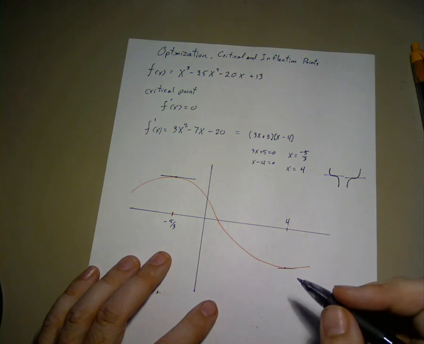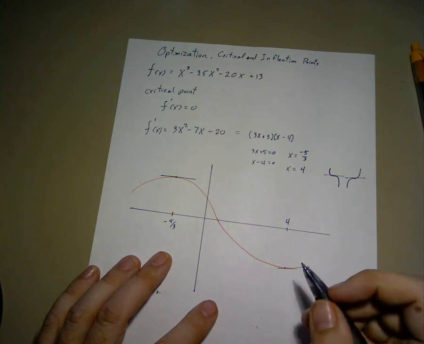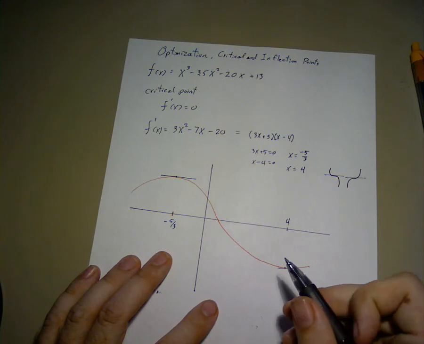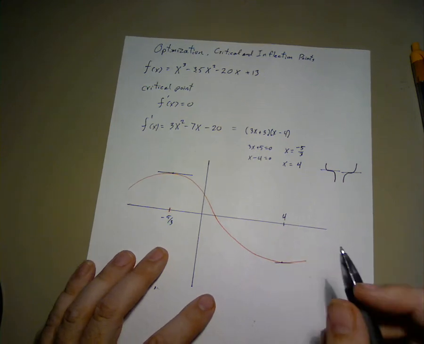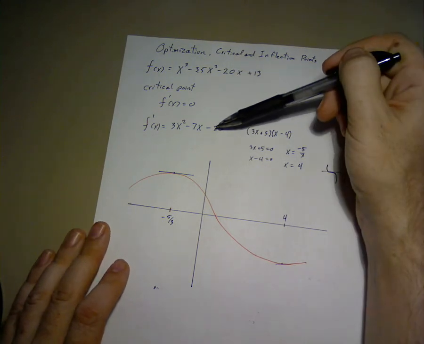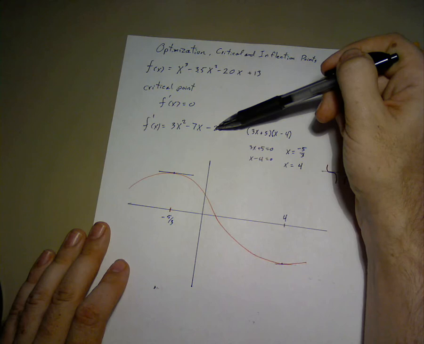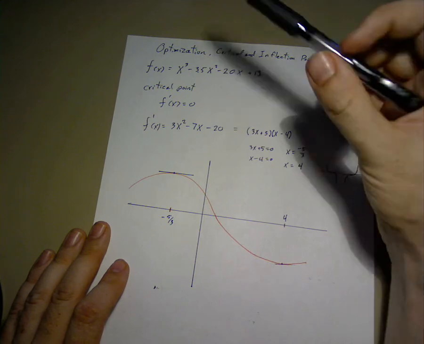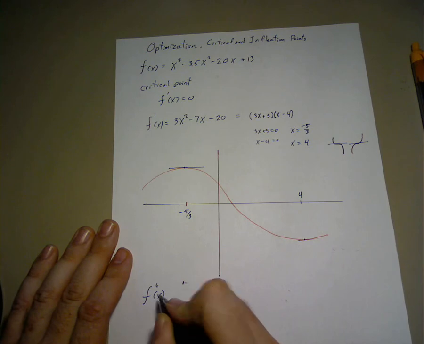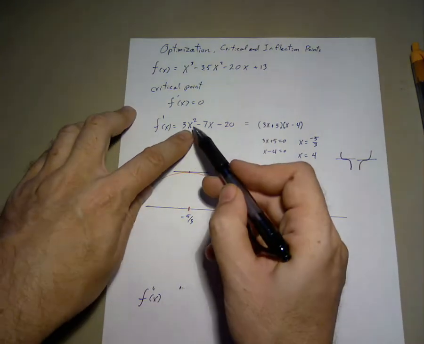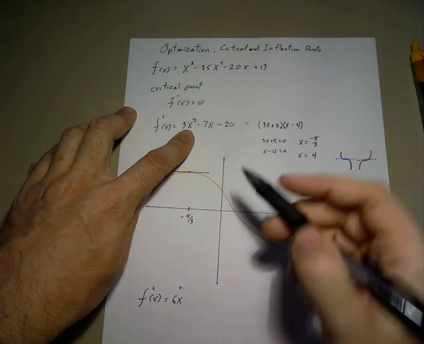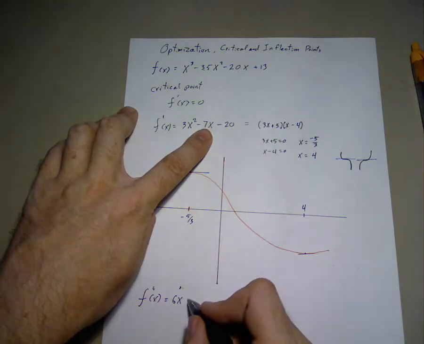We can determine analytically whether we have a maximum, minimum, or a saddle point by use of the second derivative. To find this, we take our equation for the first derivative, and we take the derivative of that. The derivative of this function would be 6x minus 7.